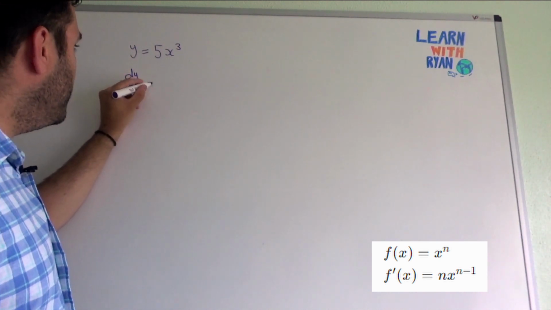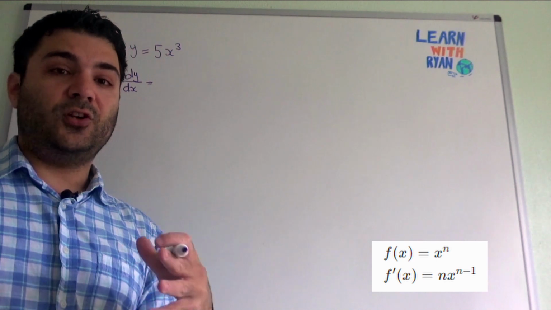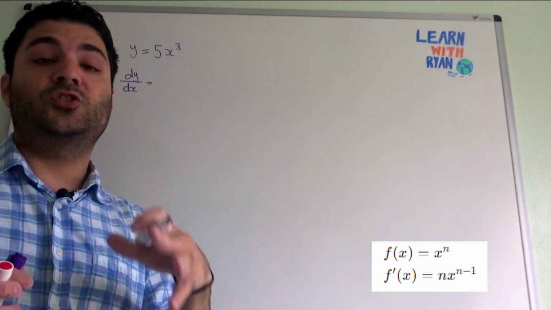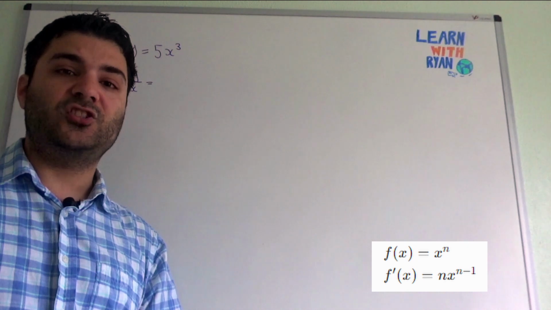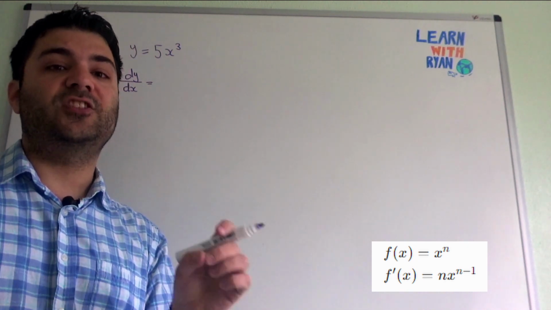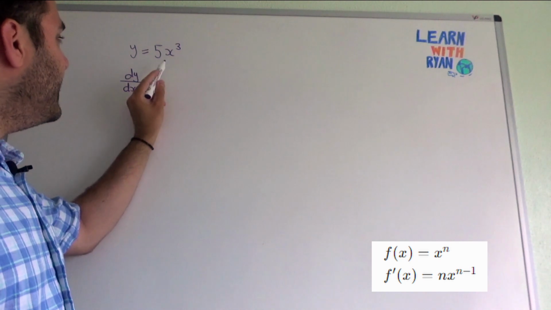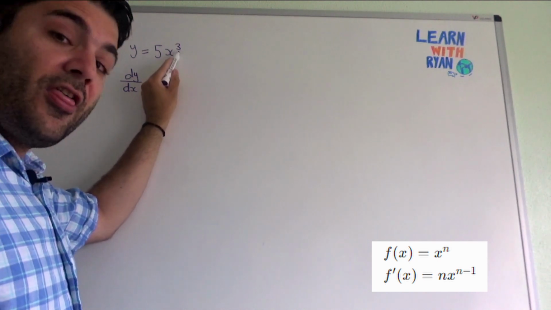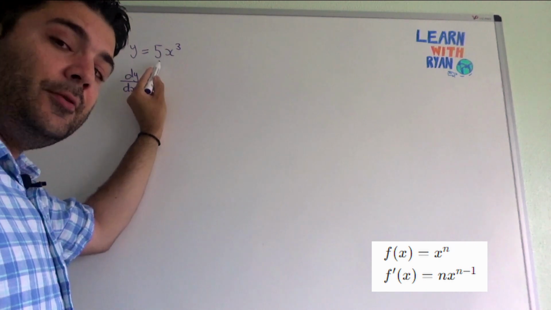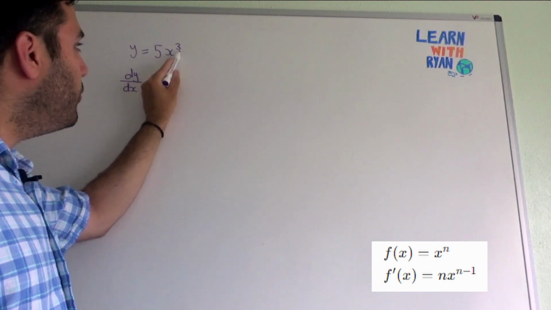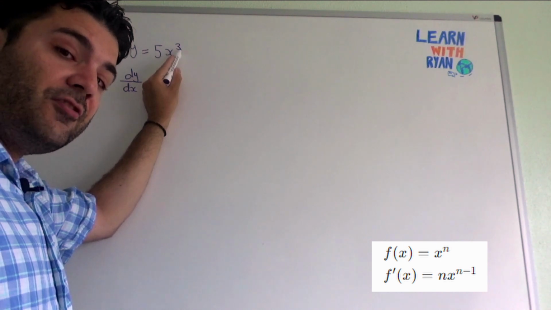So what we need to do is just use that formula we've just looked at. If we've got the function x to the power of n, the derivative is going to be n x to the n minus 1. So in this case, we can see that our power is 3, isn't it? So we need to bring that 3 down. Essentially what we're doing is multiplying 5 by 3.